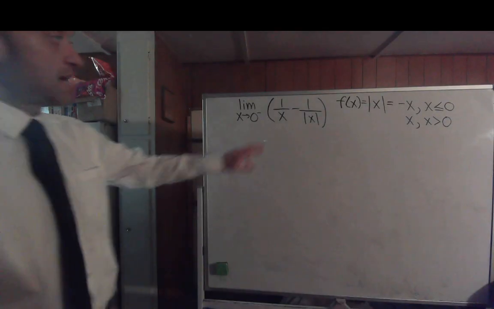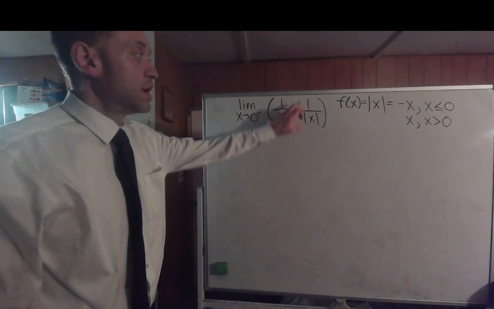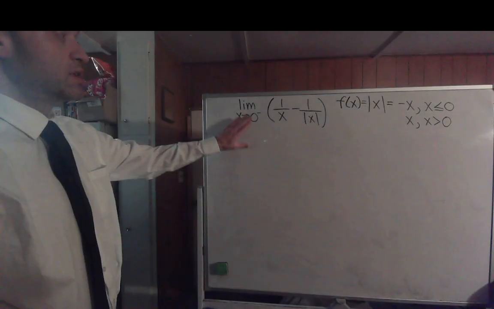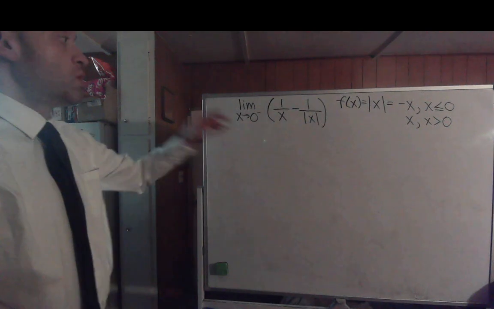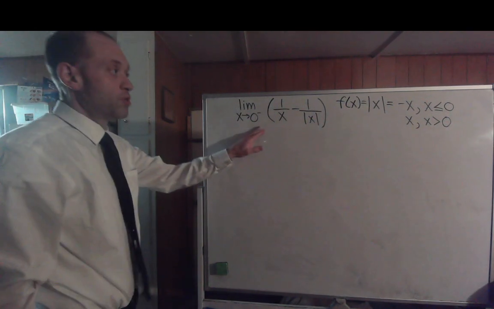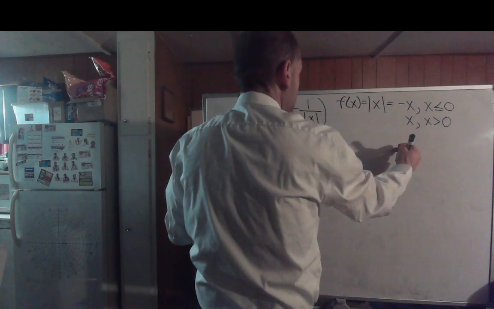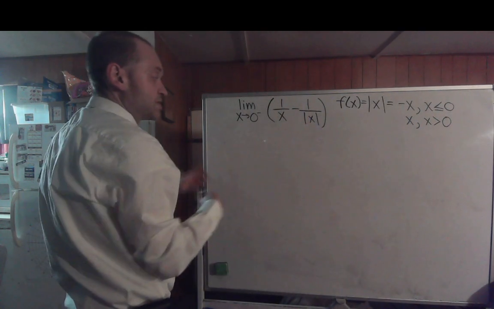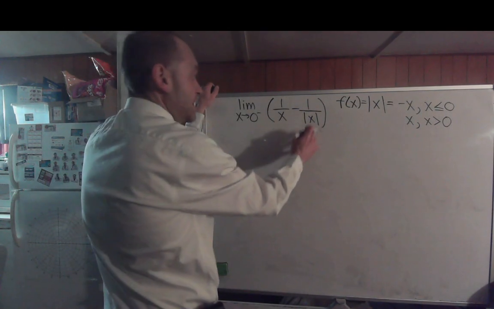So you just have a general 1 over x minus 1 over the absolute value of x. We want to know the left-handed limit of this function. Well, what does that mean? If we're approaching 0 from the left, x is less than 0, we should probably go ahead and consider that x is less than 0 and convert that absolute value into the negative of x.